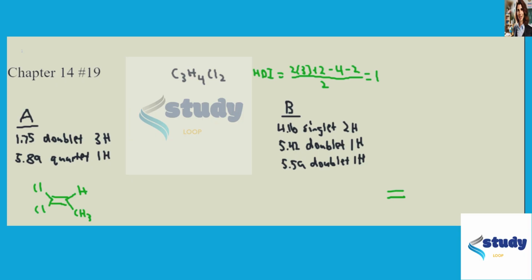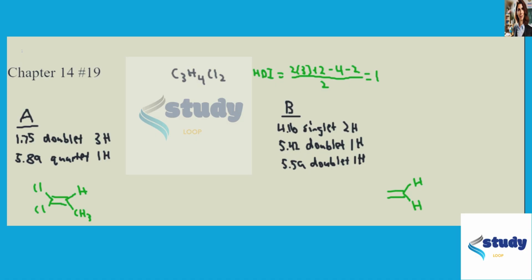So I'm going to go ahead and say that these are 2 protons on one of these carbons in the double bond here. So I'm going to say H and H. And that's our signals 2 and 3 right there. Okay, and so we have 2 more protons to account for.